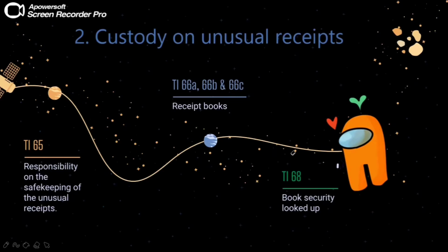TI-66C is about books of receipts being issued in numerical sequence. TI-66B is about any defective books being returned to the government printers. And last but not least, TI-68 is about book security lockup.